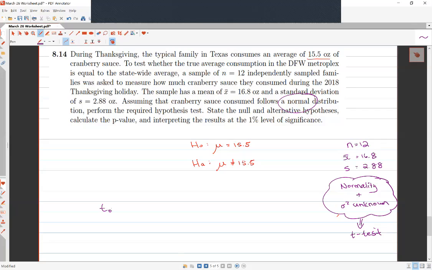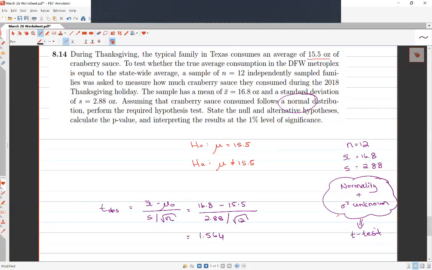So our t-observed statistic is x bar minus mu naught over S divided by square root of n. So 16.8 minus 15.5 over 2.88 divided by square root of 12, and that gives us a t-observed value of 1.564.